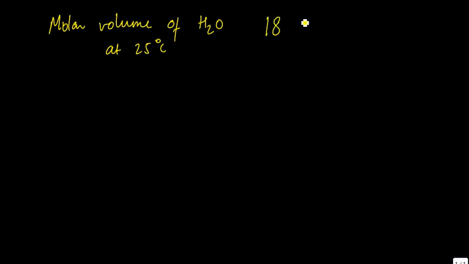So the molar volume of water at 25 degrees is roughly 18 milliliters per mole. We assume just 1 gram per milliliter is the density. So it's 18 milliliters per mole.